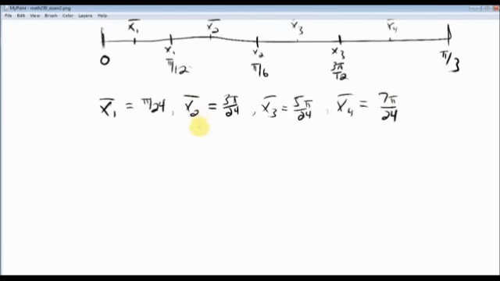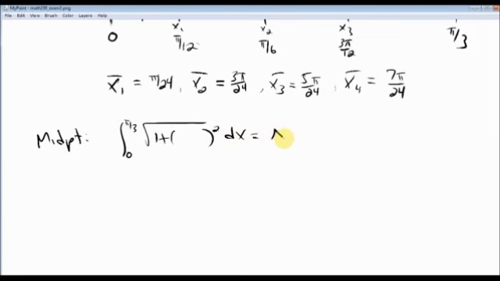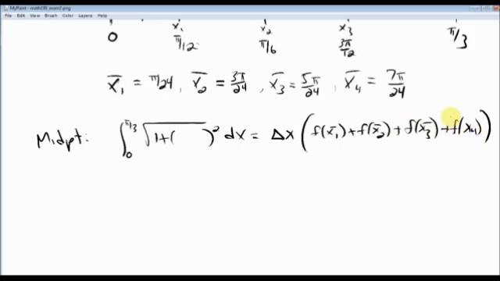So, alright, my formula for midpoint. Alright, so the integral from 0 to pi over 3 of all this stuff is going to be delta x times f of x1 bar plus f of x2 bar plus f of x3 bar and f of x4 bar.